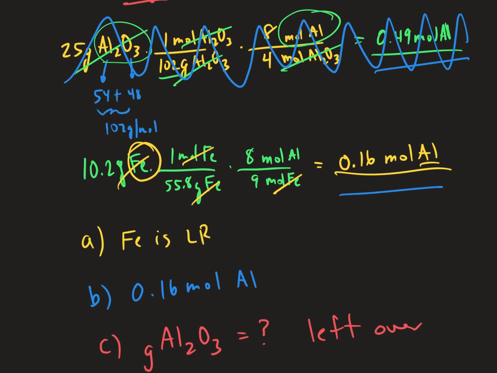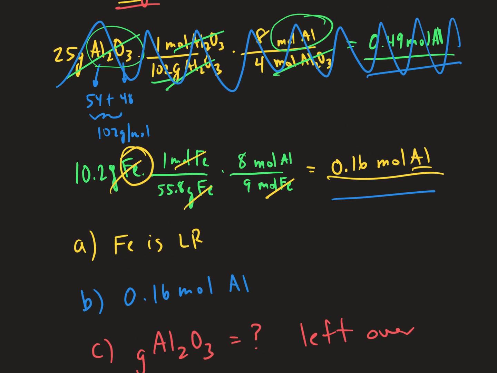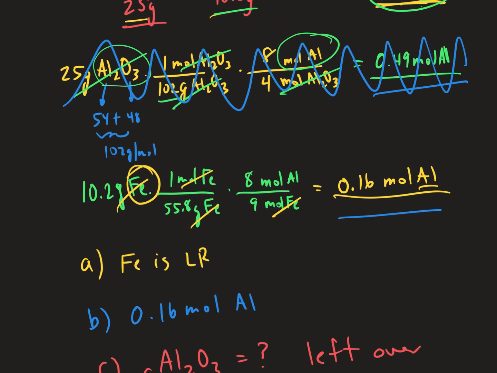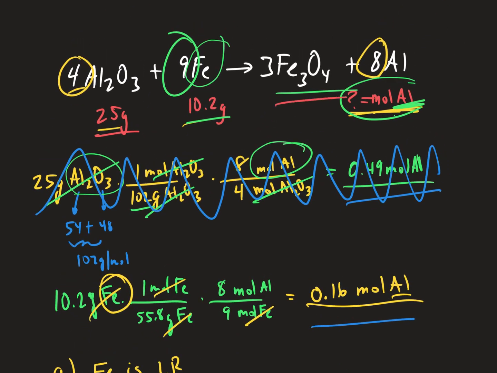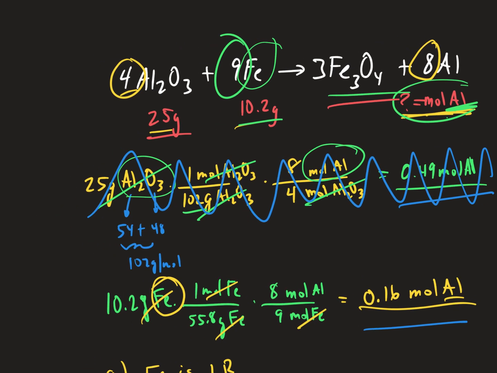So we found the limiting reagent for a lot of reasons: to find out how much aluminum we can make, how much iron Fe3O4 we can make, and also how much aluminum oxide we need. We always use the limiting reagent.